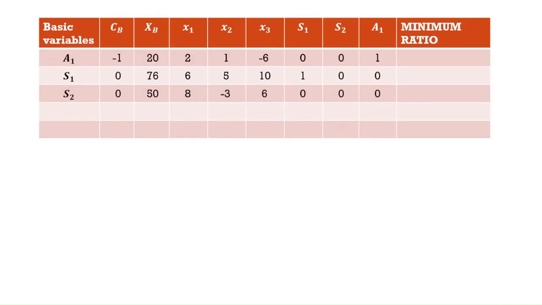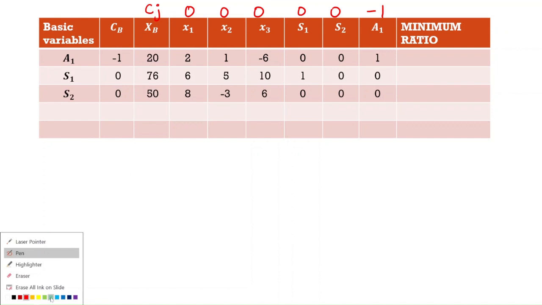So this is our initial table, and as you could see here, let me just write the Cj. The x1, x2, x3 costs are 0, 0, 0, this is also 0, and this is -1. The cost in the basis, the objective function coefficients, we are having -1, 0 and 0.